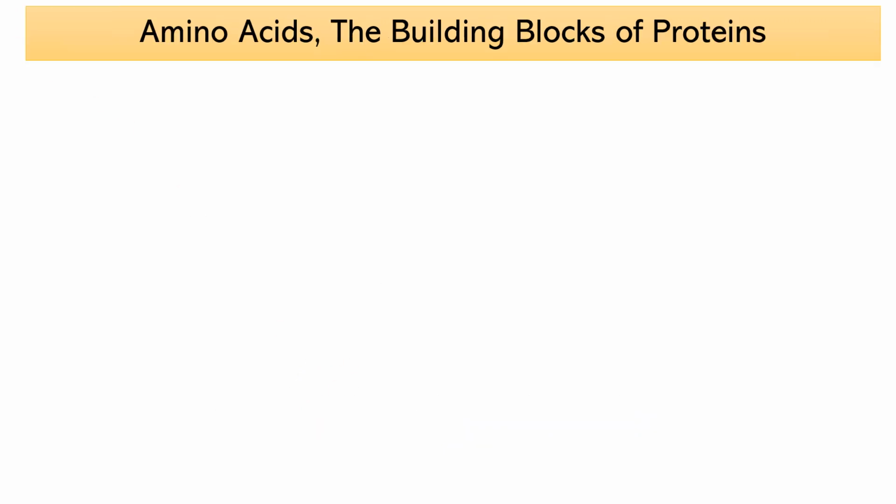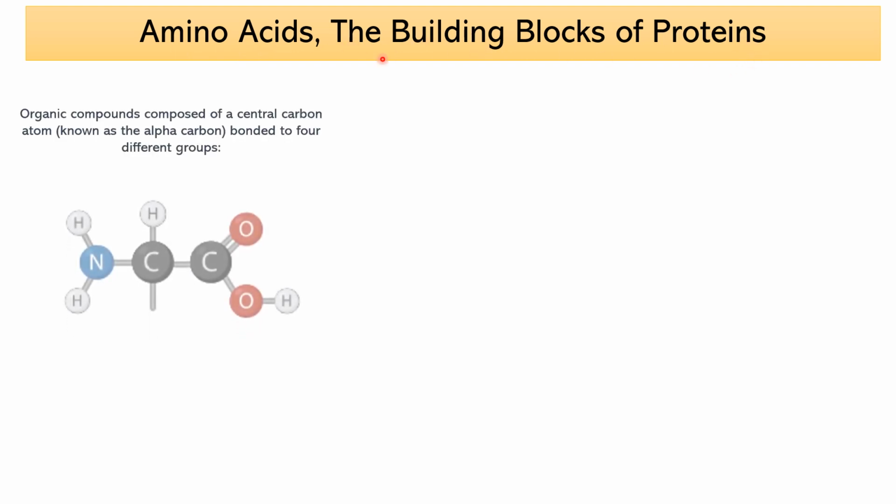Before we start explaining how the protein synthesis process works, we need to first understand what amino acids are, which are the building blocks of proteins. So what is an amino acid?